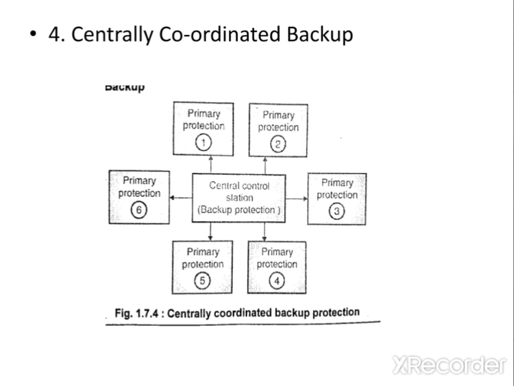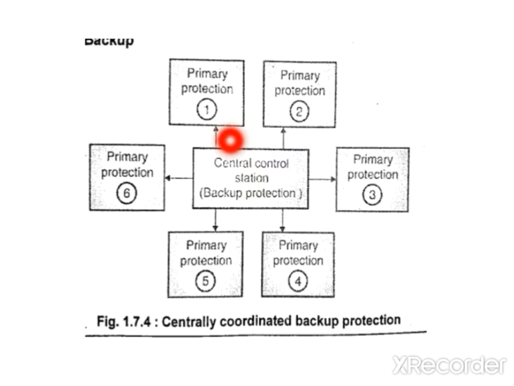For example, consider section 1 is connected to the transformer. If the load flow of this section changes, then this will indicate the fault, and if the primary protection fails to protect, this centrally coordinated backup protection operates and disconnects the faulty part from the system.